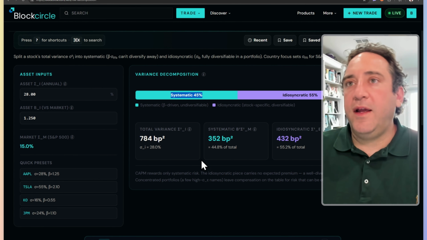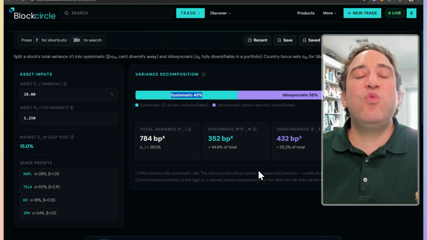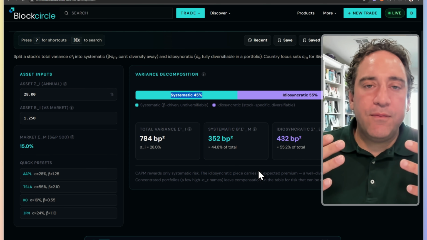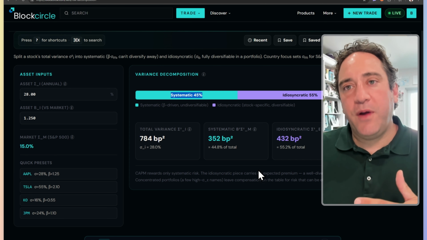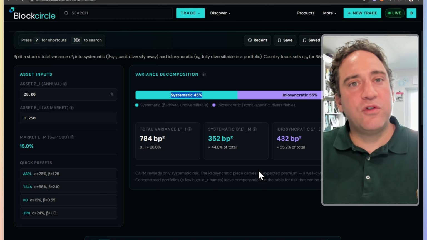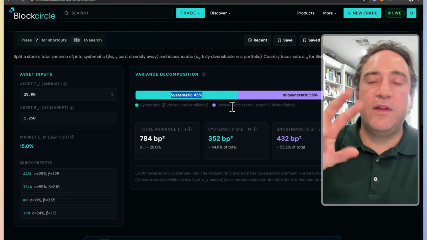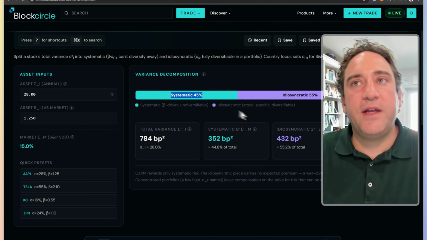At a very basic level, systematic risk is essentially any risk that you can't methodically diversify away. So that's systemic risk or market risk that you have absolutely no sway or control over. And then idiosyncratic risk is specific to the assets or the asset class that you're trying to deploy capital to, right?